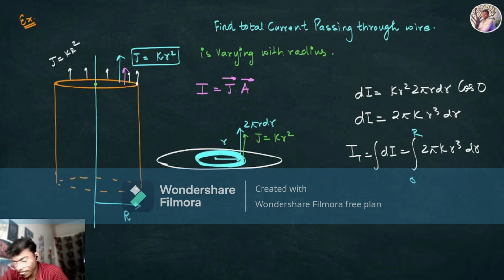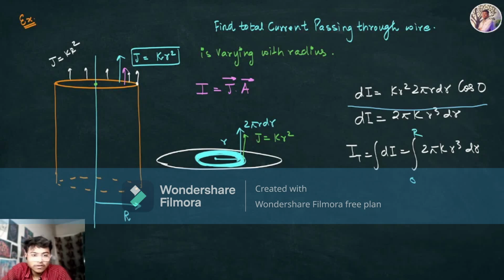there is a derivation behind it, but I'm not going through it. You can go through some books. I'll just tell you how it works. So we have dI.